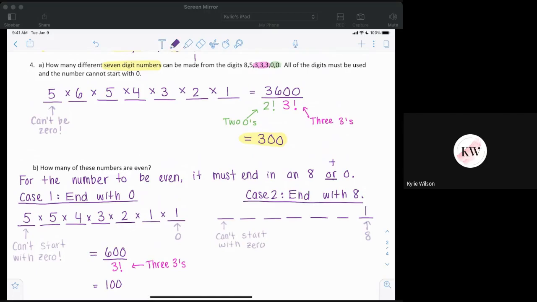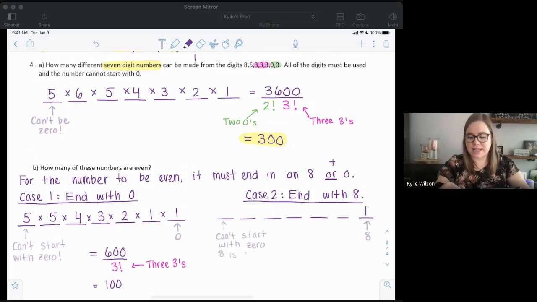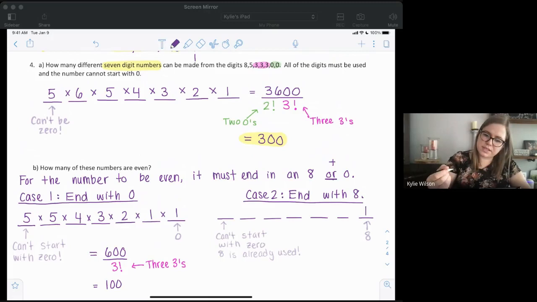We can't start with 0, and 8 is already at the end. So we've already used 8, and we can't use 0. So all we have left is 5 and the 3 threes, so we only have 4 options here.